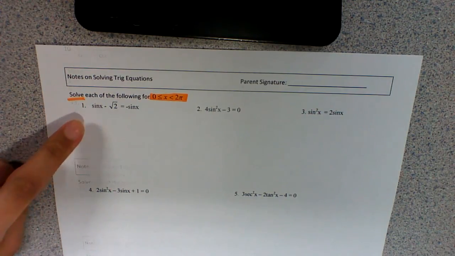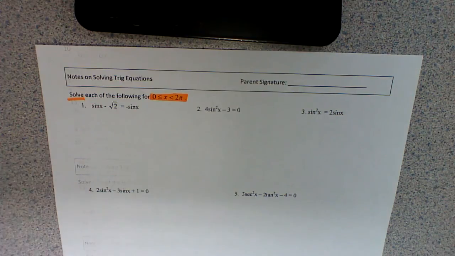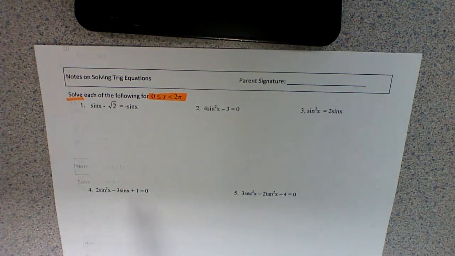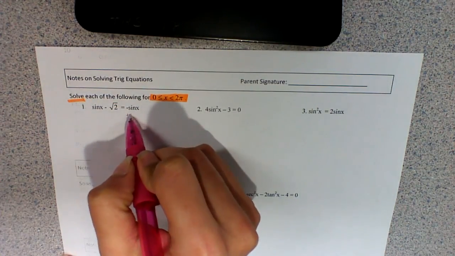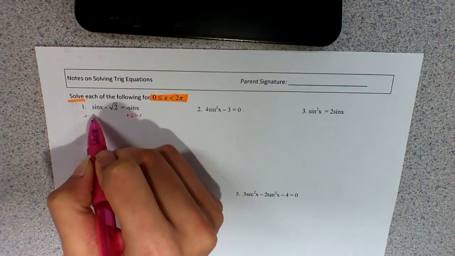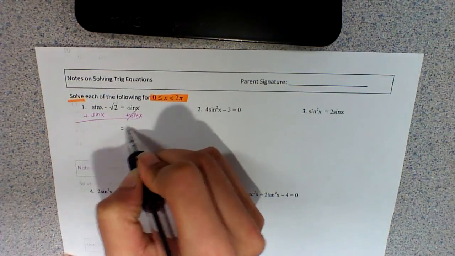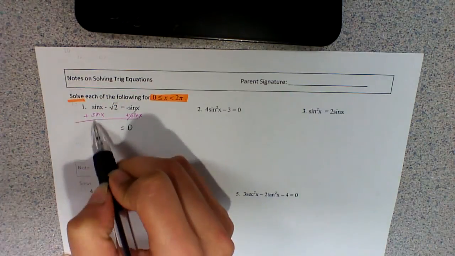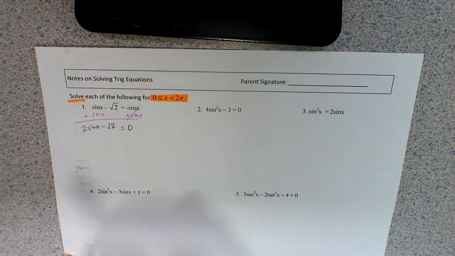So number 1, you have sine of x minus square root of 2 equals negative sine of x. So what we want to do is go ahead and combine like terms. So what I'm going to do is add, from the right side, I'm going to add this sine over, so that this cancels, gives me 0 on that side, and here I have 2 sine of x minus square root of 2.